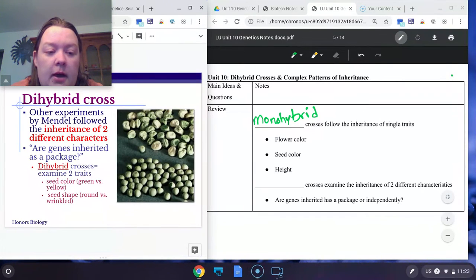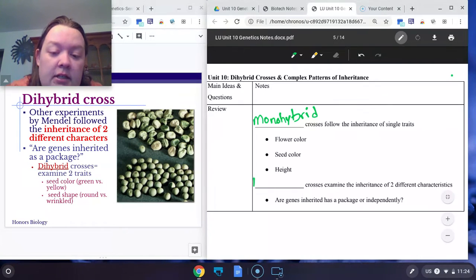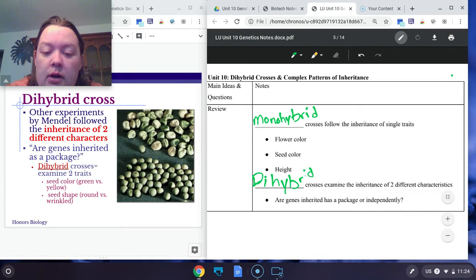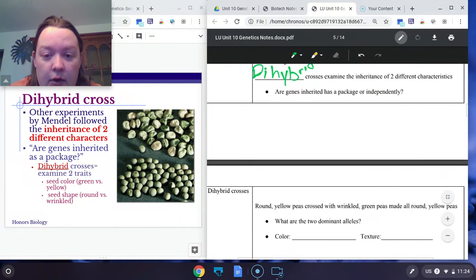And we're going to talk about dihybrid crosses, in which we look at what's the chance of an organism inheriting these two traits together. So a dihybrid cross, remember, di means two. A dihybrid cross is going to look at the chance of inheriting two characteristics together.